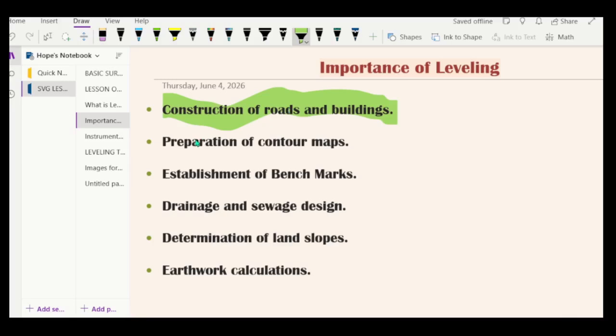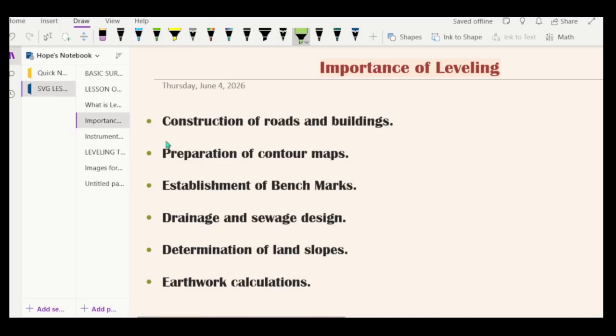Now, the second one is to prepare contour maps. What are contour maps? Contour maps are maps in which they use lines to represent points, and these lines are used to represent the sizes and also the elevation of points on the map.